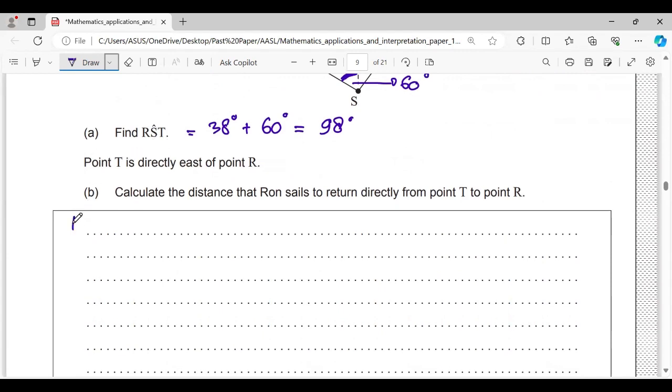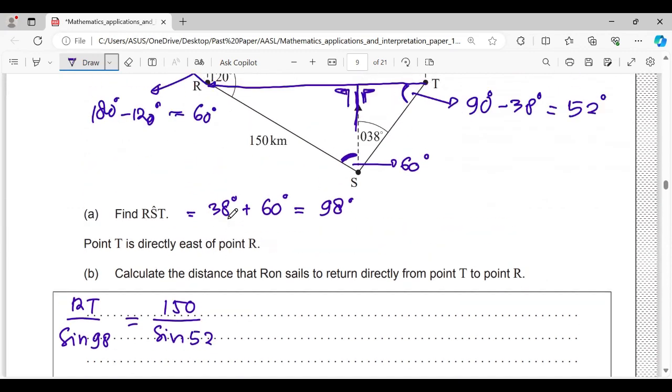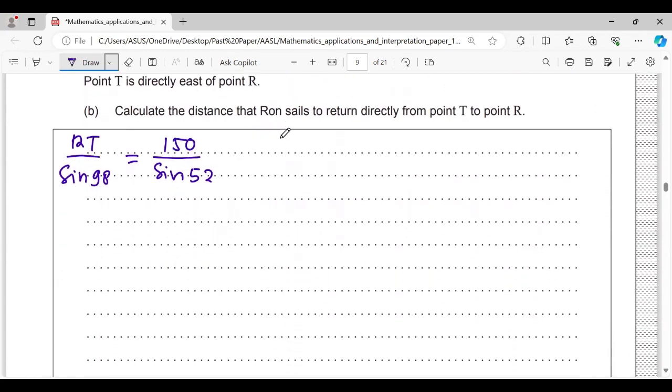So RT over sine 98 equals 150 over sine 52. 150 because of this distance 150.